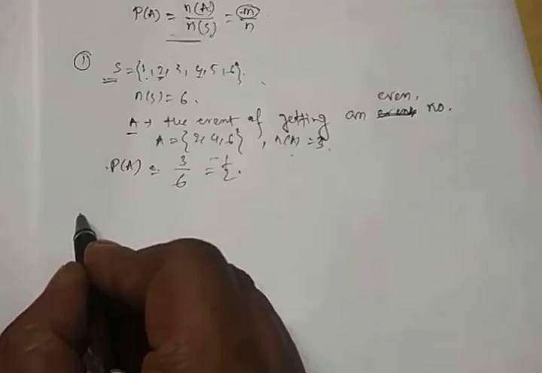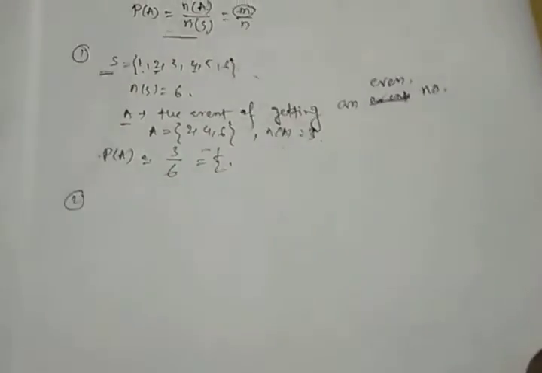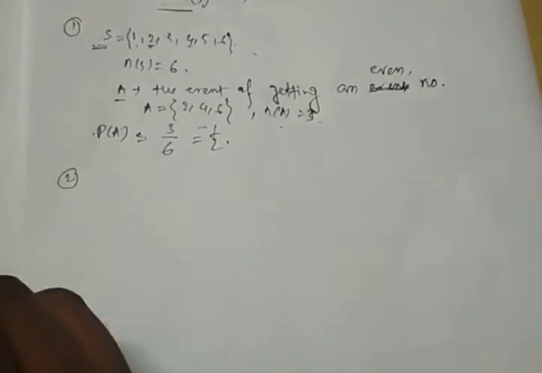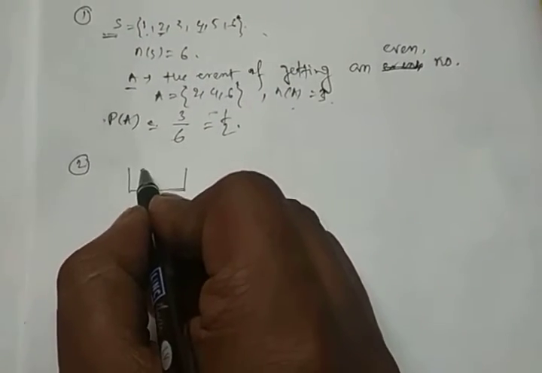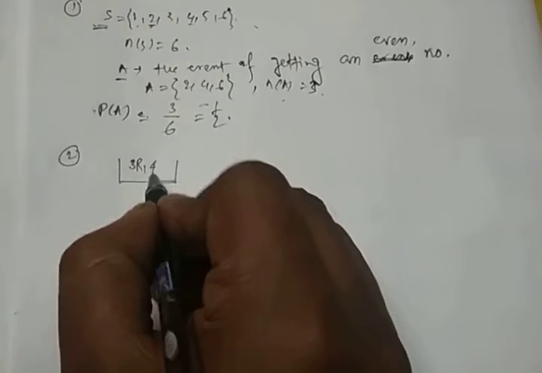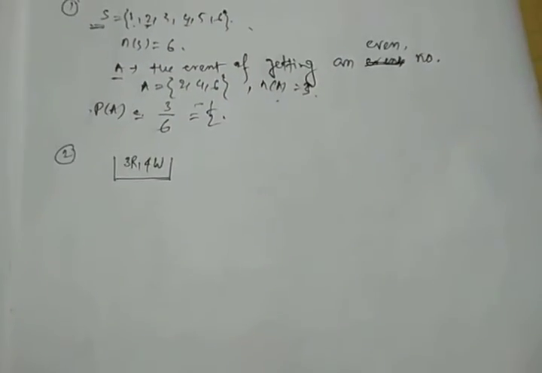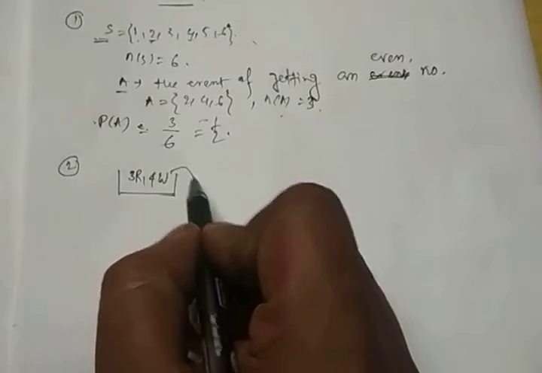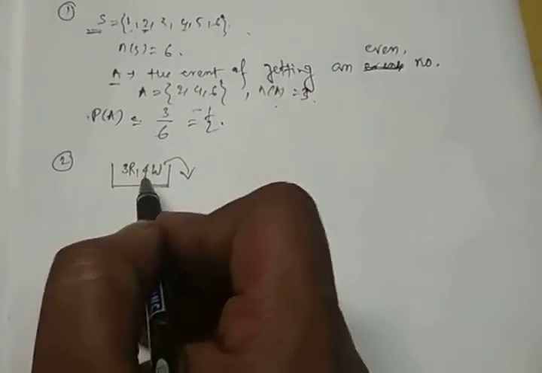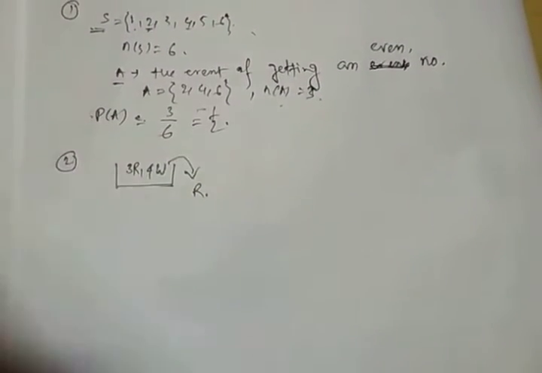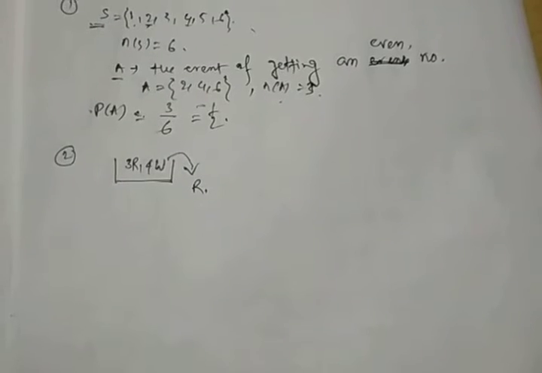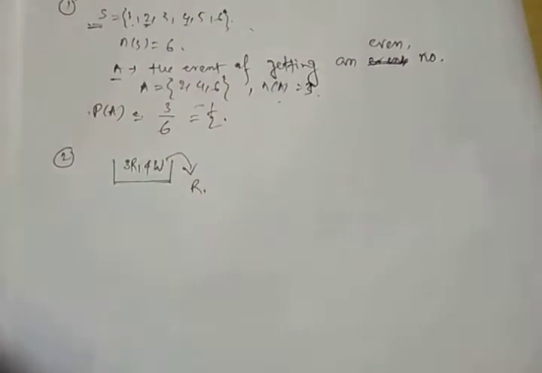As an example, second example, let's say there is a bag which contains 3 red balls and 4 white balls. Now one ball is selected at random. What is the probability that this ball will be a red ball? There are total 7 balls in the bag.